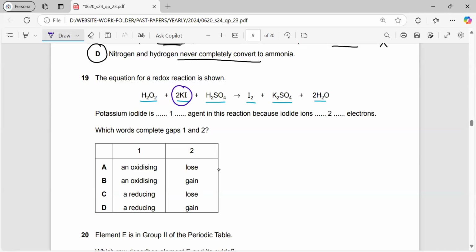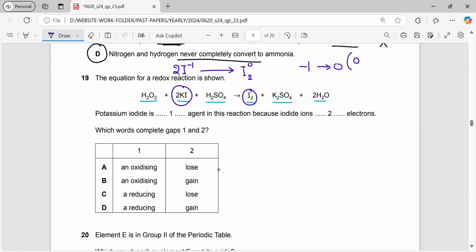What is happening to potassium iodide? See, iodine in the reactants is negative, and in the product it is forming an iodine molecule, which makes iodine at oxidation number 0. So basically, iodide ions are going from -1 to 0.